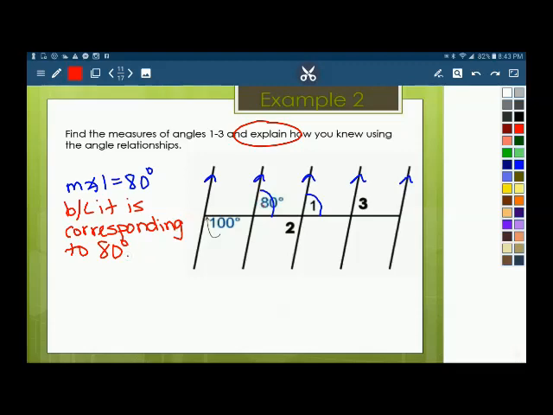Okay, so this guy right there. I can say that the measure of angle 2 is also equal to 80 degrees because angle 1 and angle 2 are vertical of each other. So there's that reasoning right there. Because it is vertical to angle 1.